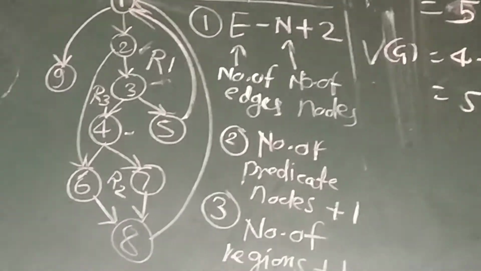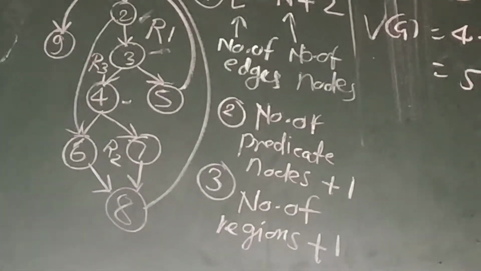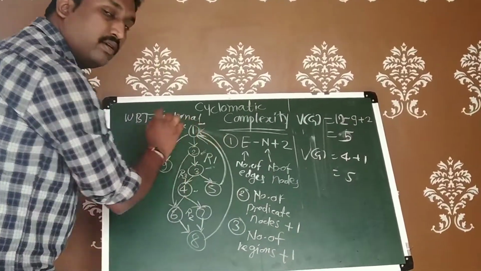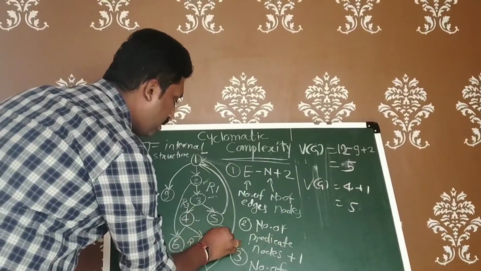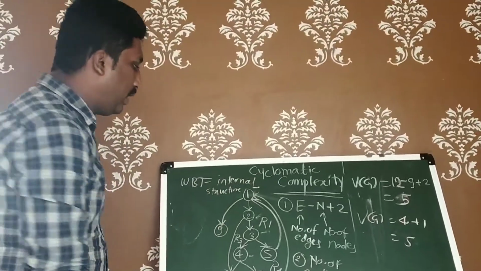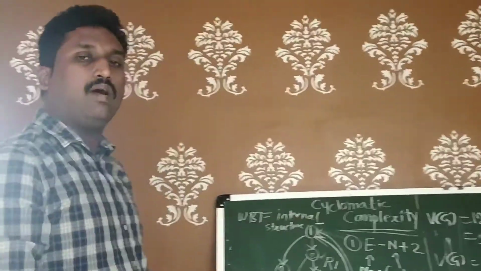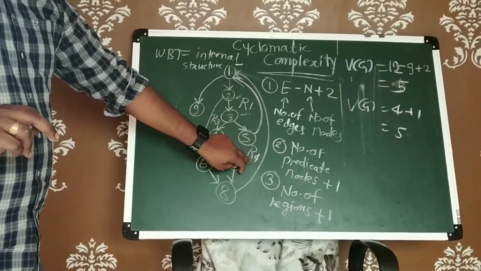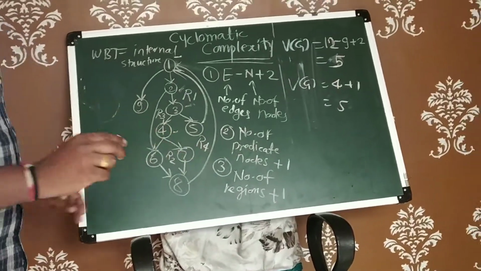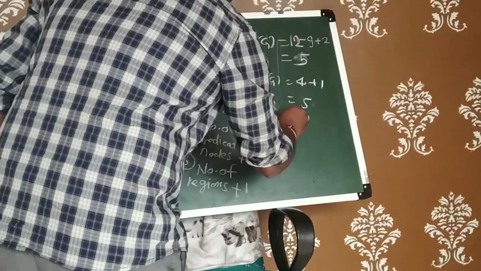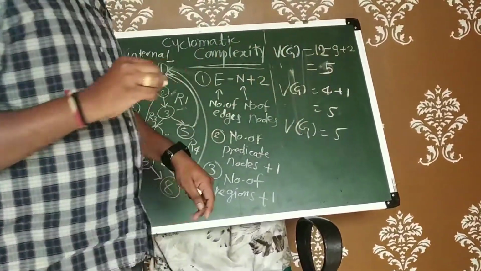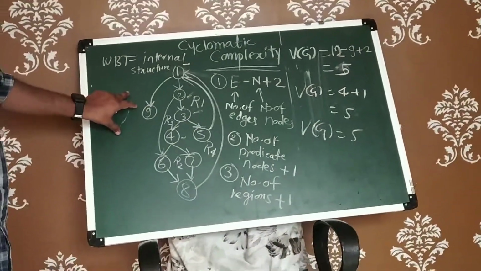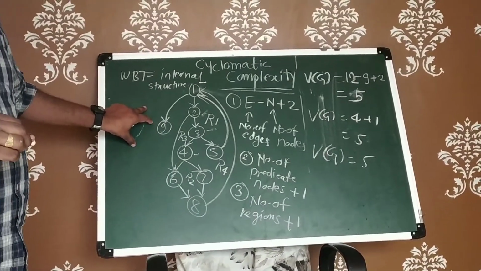Okay, over here this gives you one more region, R4, and the whole graph is also one region. So there are 4 regions plus 1 will give you 5. Okay, so again by using formula number 3 you will be getting the answer as 5. Okay, so the total cyclomatic complexity of this current flow graph will be 5.